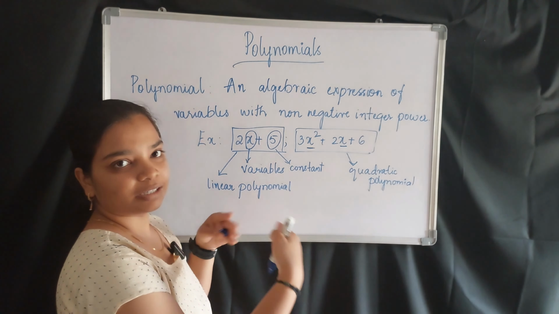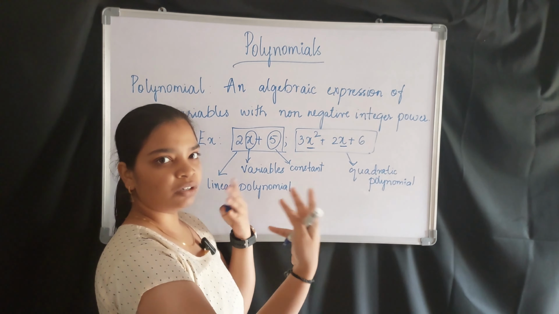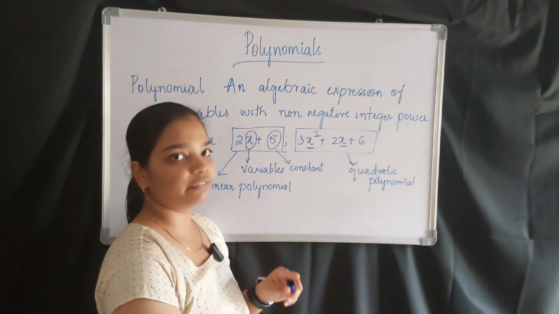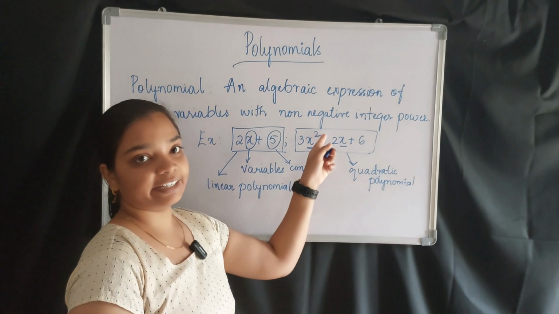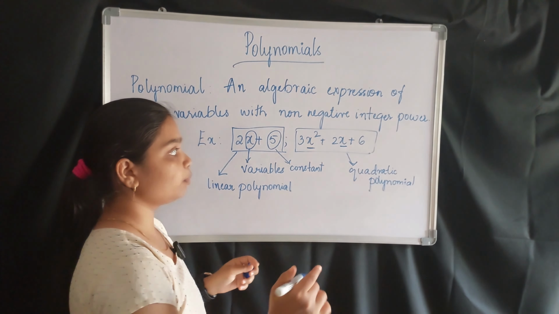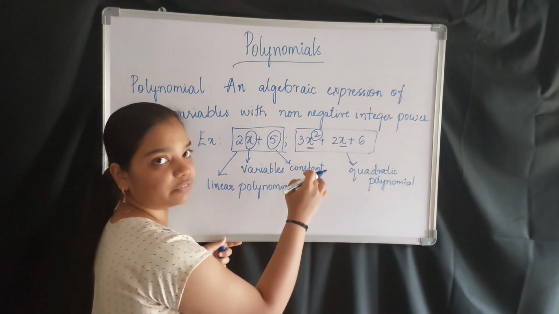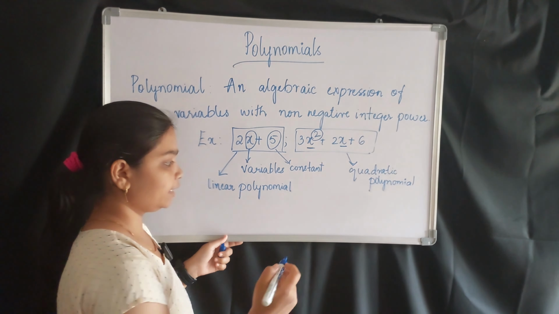So a polynomial is normally constructed using constants and variables with non-negative integer power. Remember that the power of the variable should be non-negative.